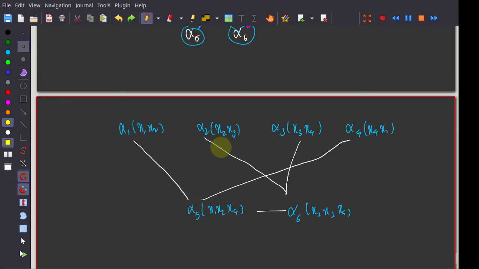Now let us look at x2. Alpha 1 contains x2, alpha 2 contains x2, these contain x2, this contains x2. So the subgraph is connected.